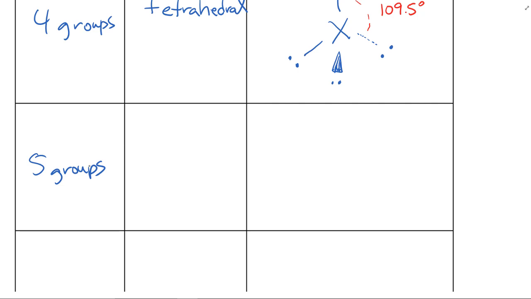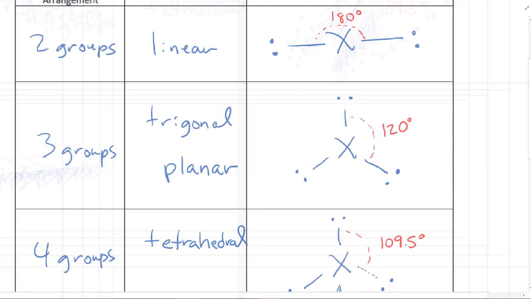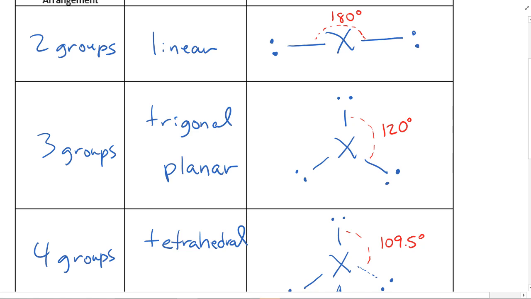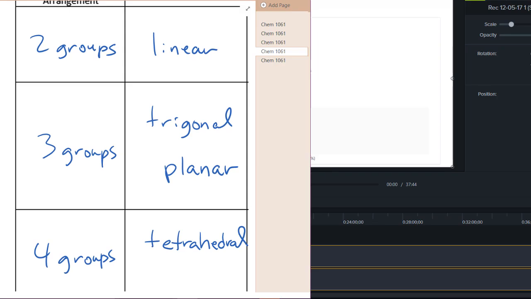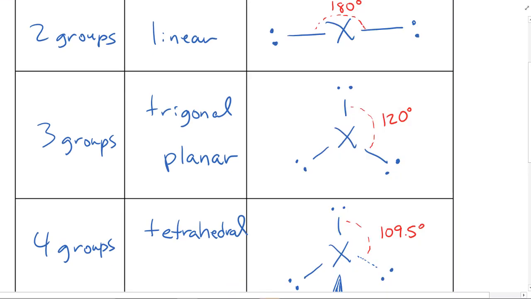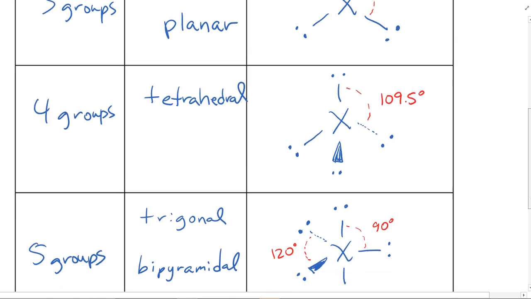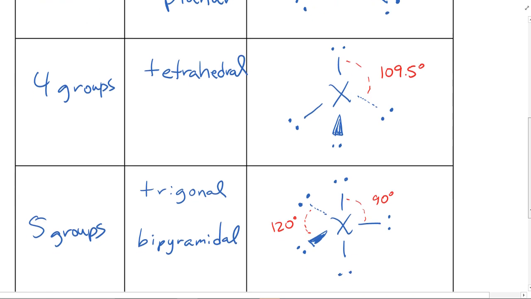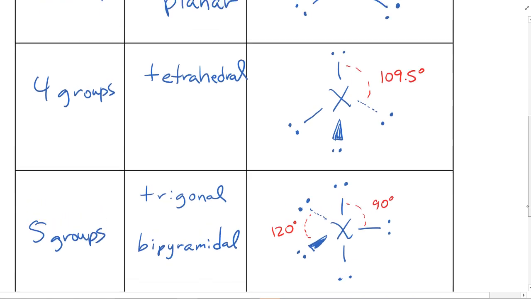So if these are 180 to each other, what angle are they to the central plane? 90 degrees, right. Any other questions? All right. So I would say that probably, though, the one you asked about is the one that students have the most difficulty with, and that is what is the bond angle. So just the new one for most of us is going to be the tetrahedral of 109.5.